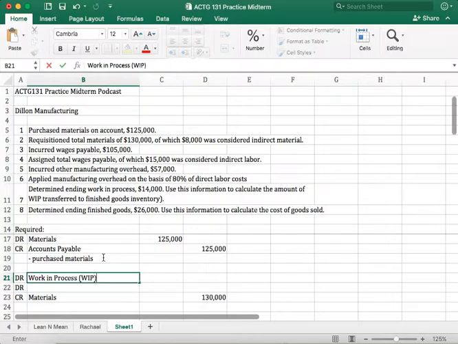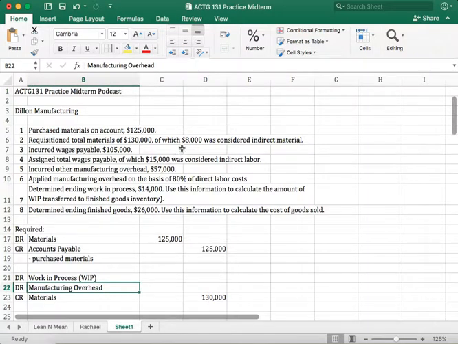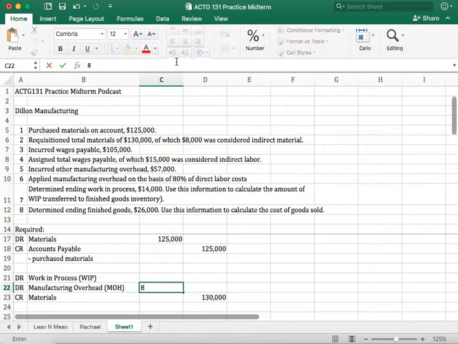So going forward, I'm going to abbreviate work in process as WIP. That's a standard abbreviation. And manufacturing overhead, let's abbreviate that as well, MOH. The sentence let us know that 8,000 was considered indirect.